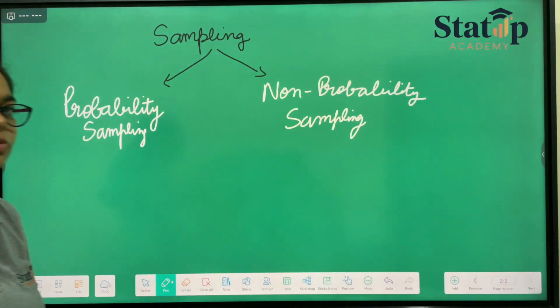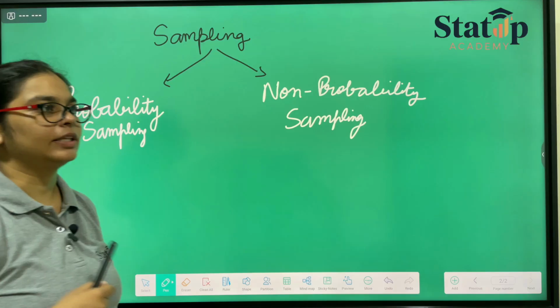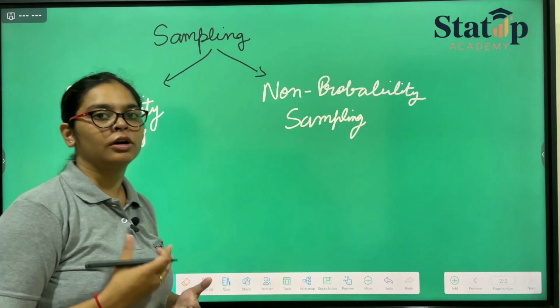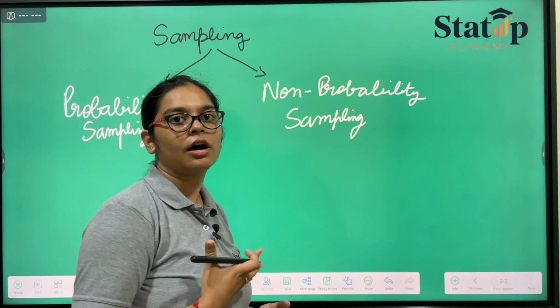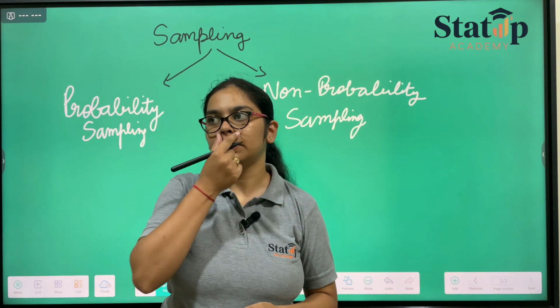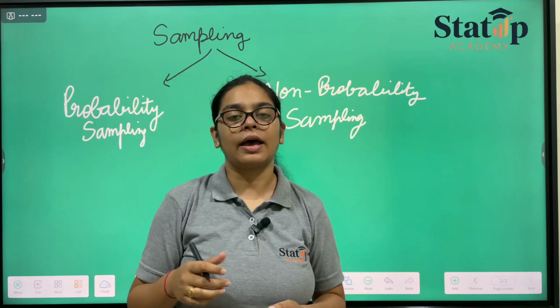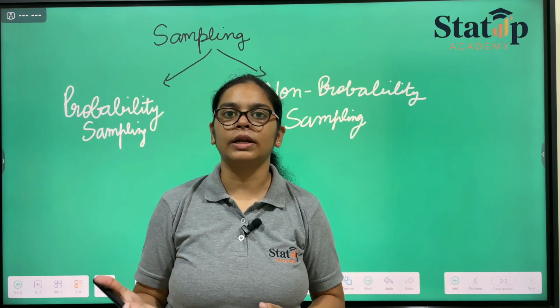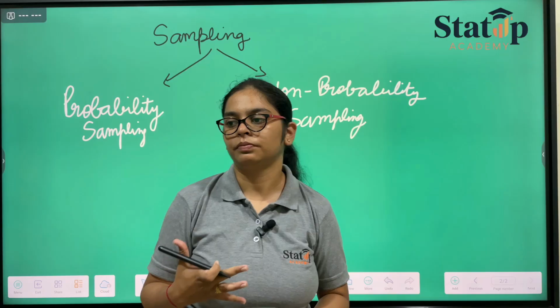Two kinds of sampling: probability sampling and non-probability sampling. What is probability sampling? Where the chances of selecting a unit in the population are equal, and each factor is equally divided in the population.